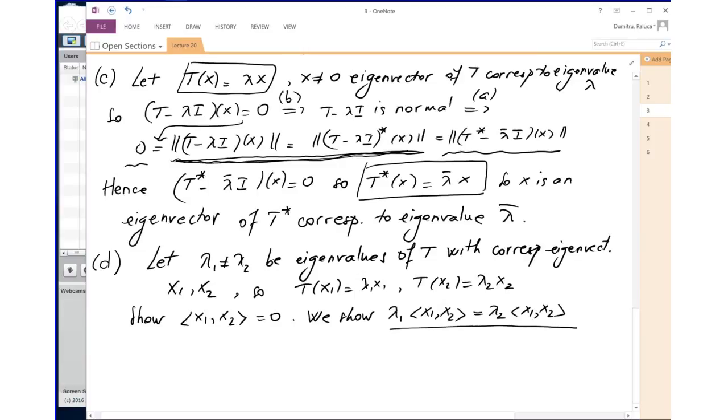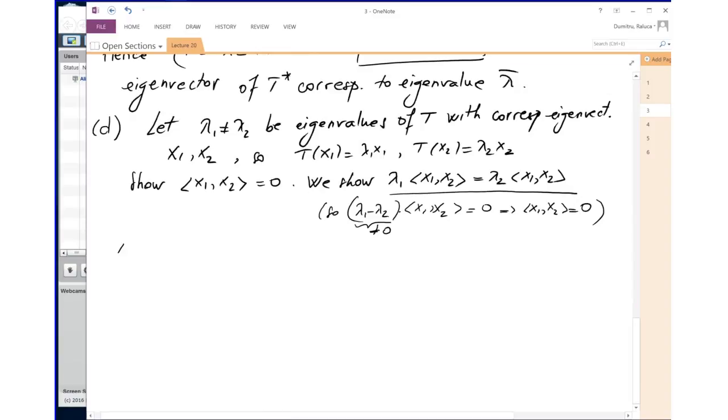Because if you move everything to one side, it is lambda 1 minus lambda 2 times that inner product, and we assume that lambda 1 and lambda 2 are not equal to each other. So this difference is not 0. Therefore, it must be the case that the two vectors are orthogonal to each other.